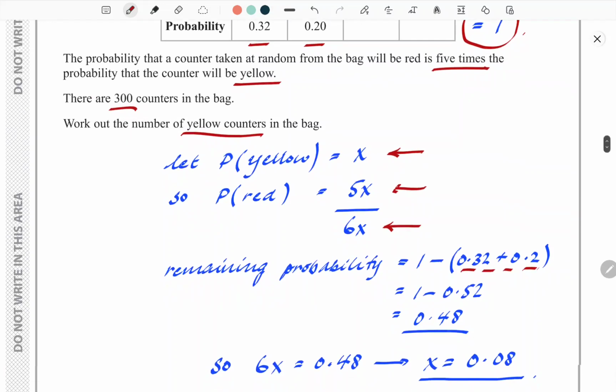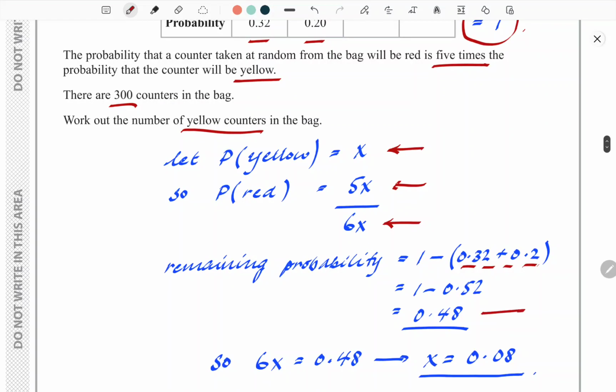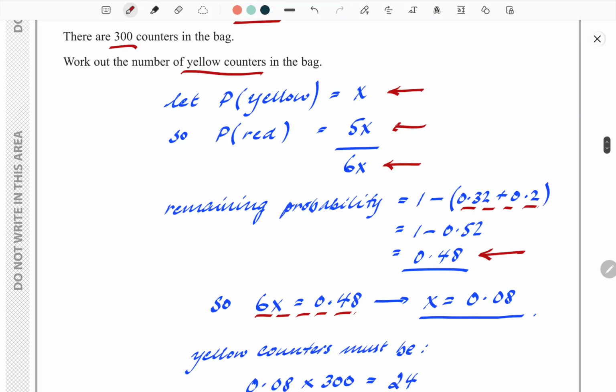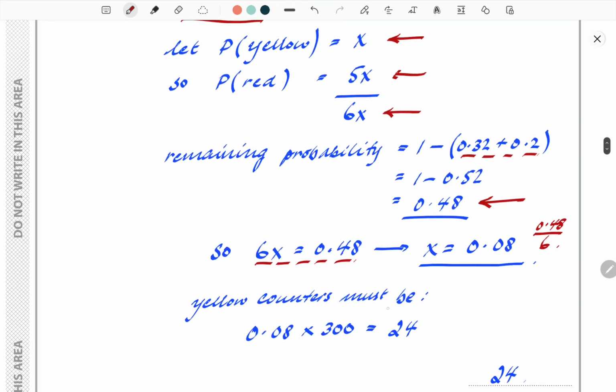So the remaining probability must be 0.48, all right? So 6x represents 0.48, and therefore x equals 0.08. So 0.48 divided by 6, all right? So therefore, the yellow counters must be the probability of yellow, which we've just worked out, all right? So remember, this is the one for yellow.